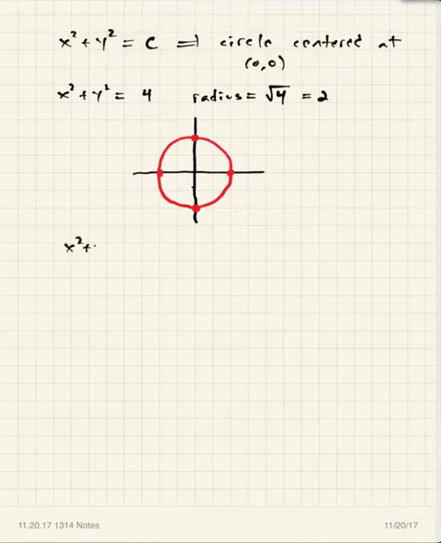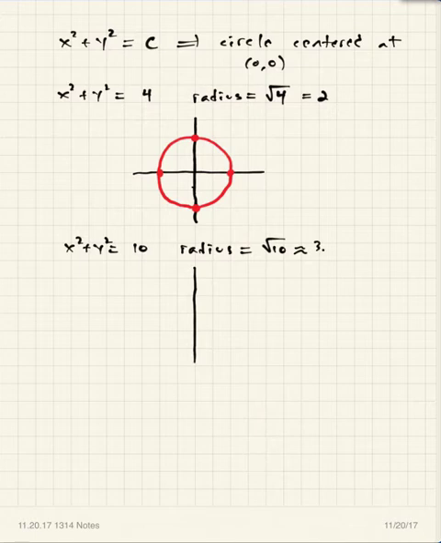If you have x squared plus y squared equals 10, then the radius of this circle would be the square root of 10, which is a little bit bigger than 3. It's like 3.16.